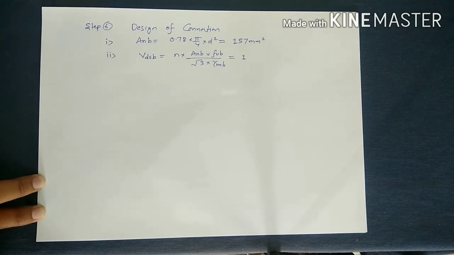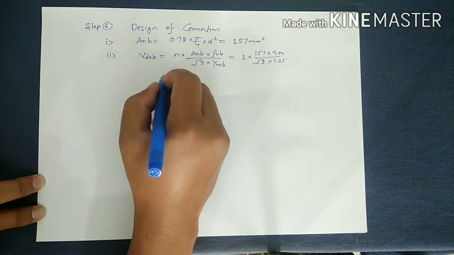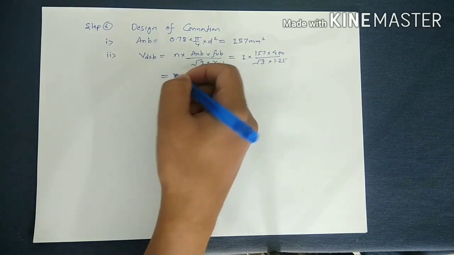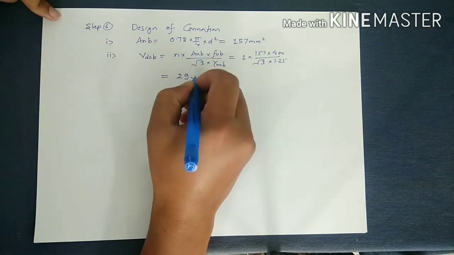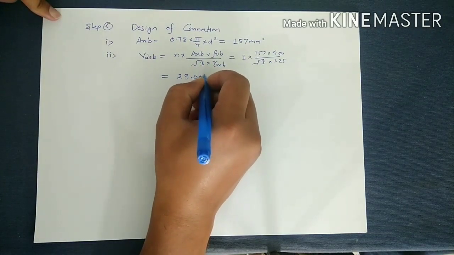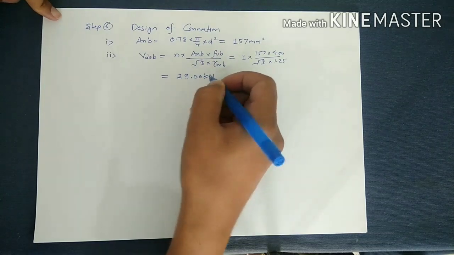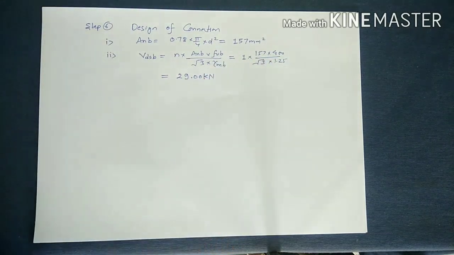In this case there is no such consideration, therefore we will take n equal to 1. On solving this we get 29.00 kilonewton. This value comes in Newton, I have converted it into kilonewton.